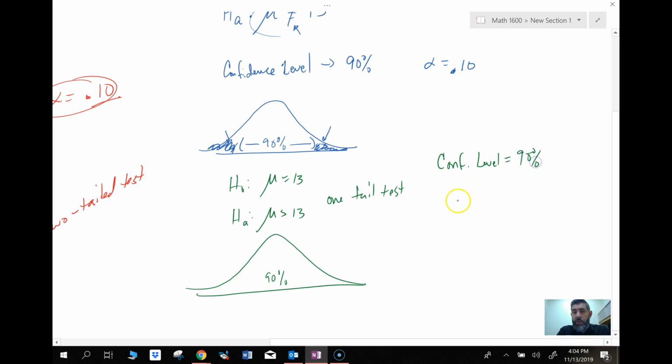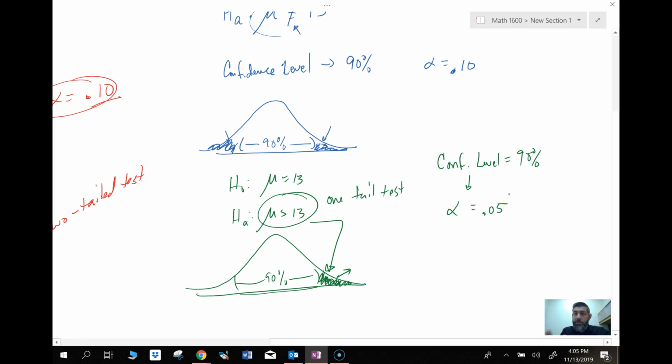Right here is the only thing I'm looking at, an upper tail test. So what's that value going to be? Well, if this middle is 90, then both sides left over is 10 total. So what's half of that? 5%. My alpha level is 0.05.